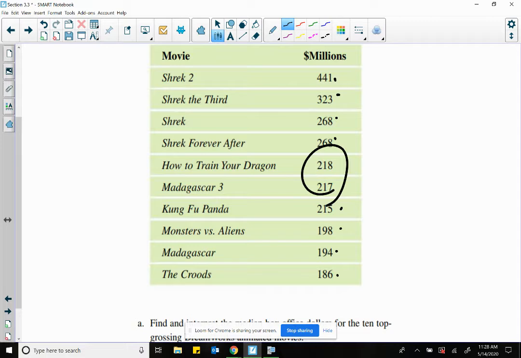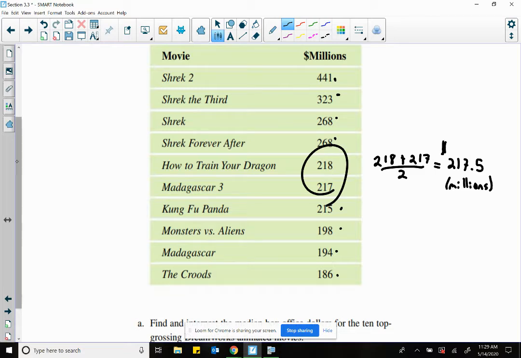As I said earlier, if you're stuck, you average them, which means add them and divide by 2. So the median is 217.5. It's actually in millions of dollars. So there's our median.